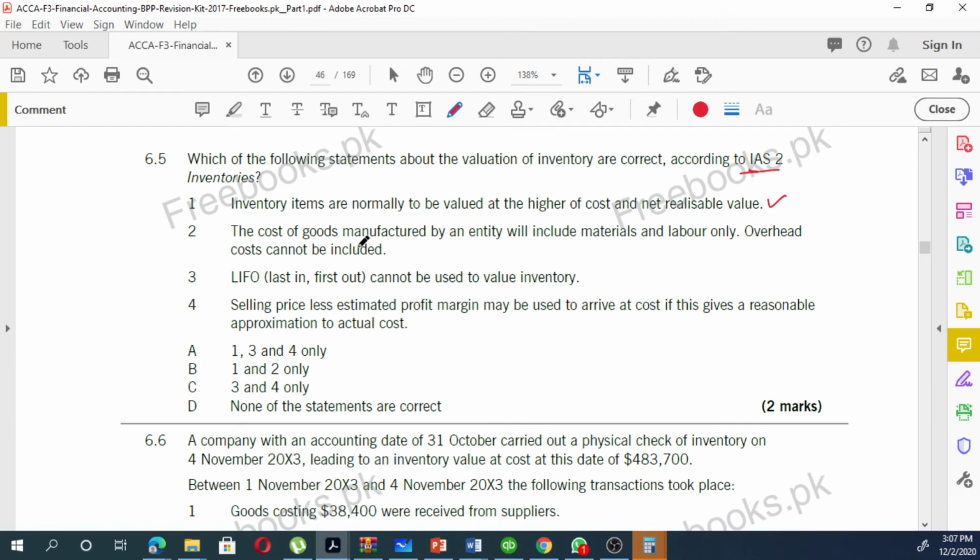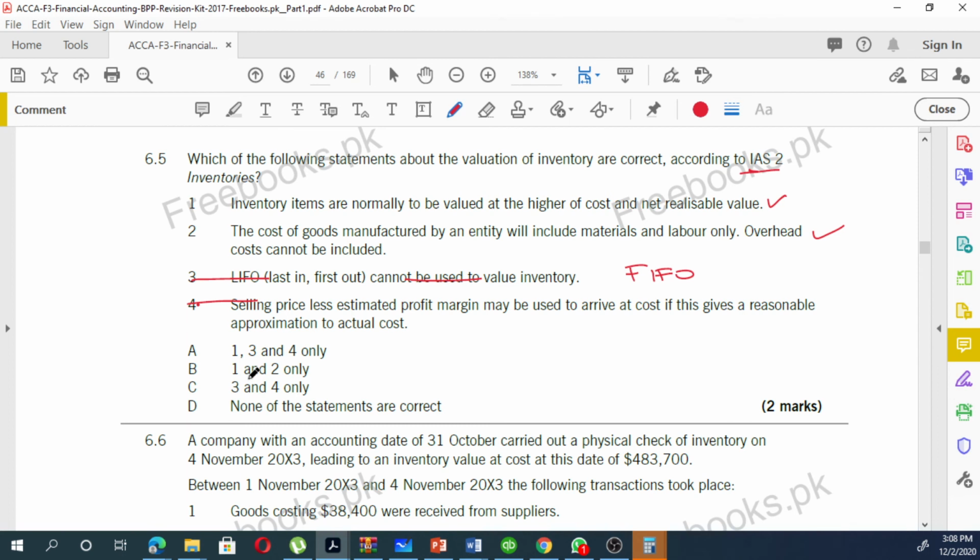The cost of goods manufactured by an entity will include materials and labor only. Overhead costs cannot be included. That's not correct either. Production overheads based on the normal level of production should be included. So that's okay. LIFO is not allowed, but FIFO, yes, is allowed. Selling price less estimated profit margin may be used to arrive at cost if it gives a reasonable approximation of the cost. That's also true.